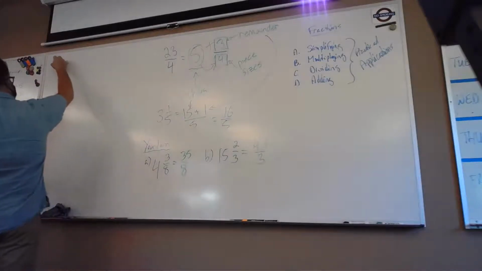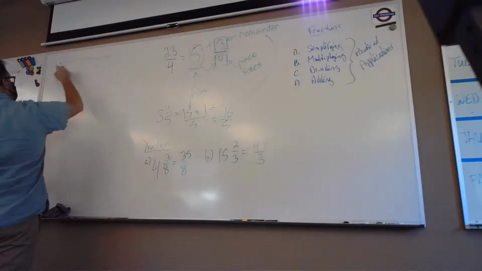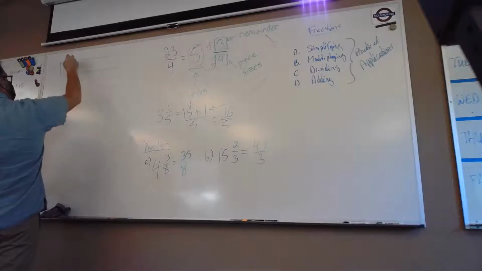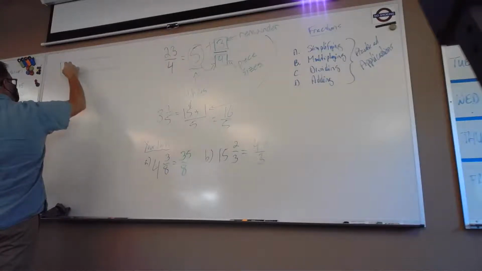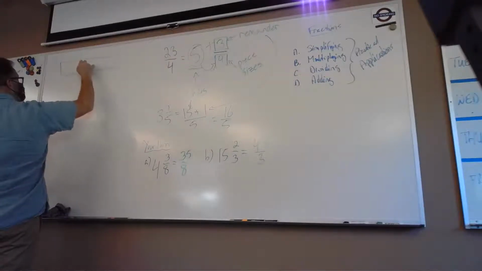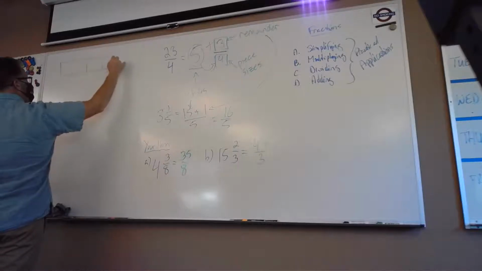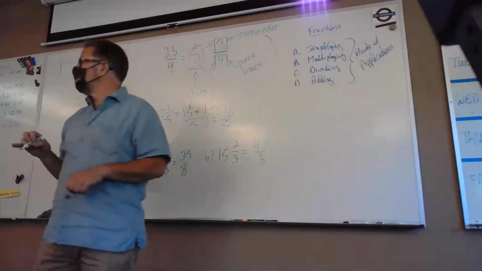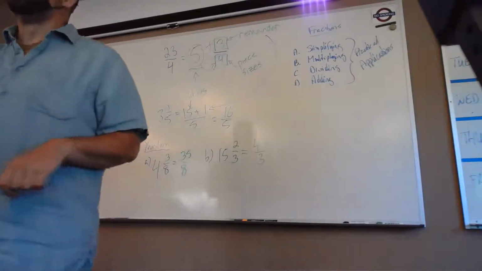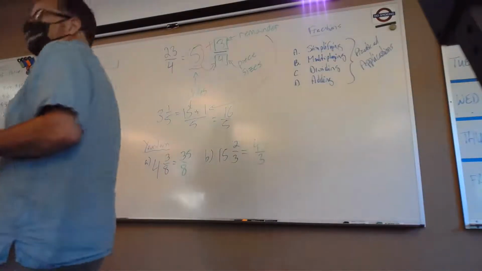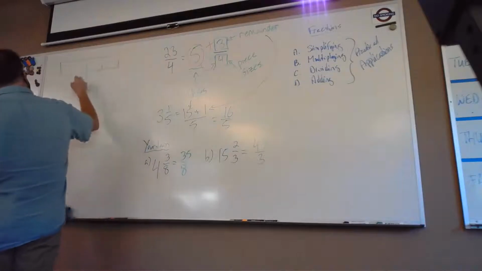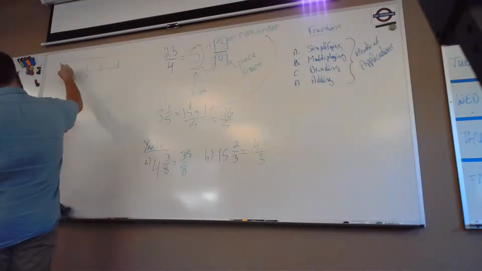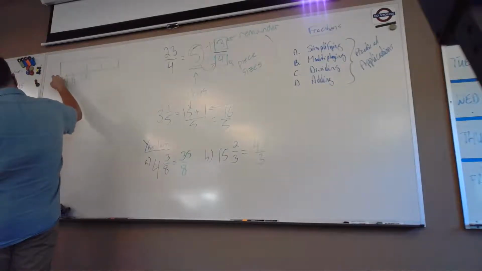Now, let me give you a quick example of when we use fractions. I use these all the time in my motorcycle shop. Just a ruler. This is an inch. That's a ½ inch. That's a ¼ inch. That's an 1/8 of an inch. That's a 1/16 of an inch.